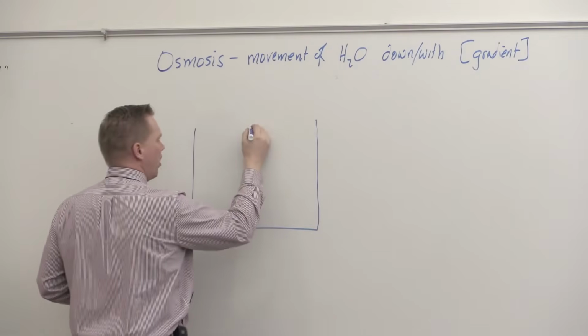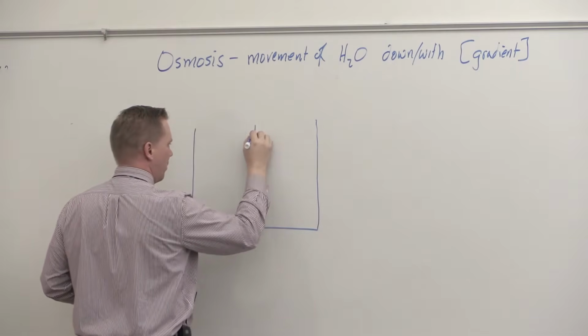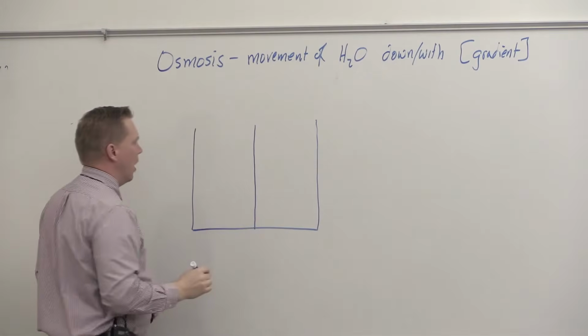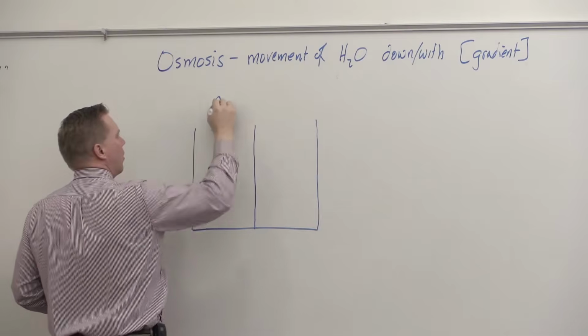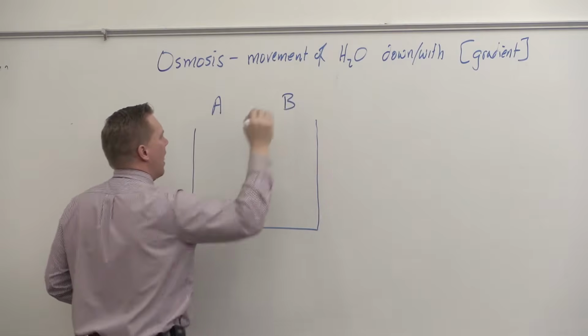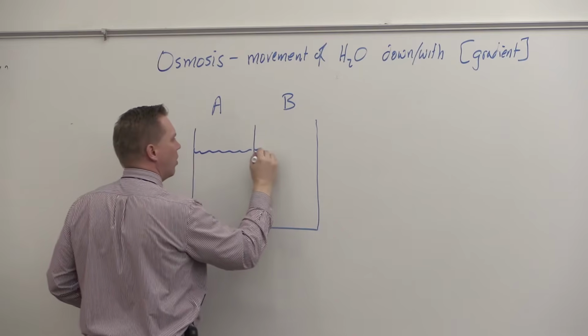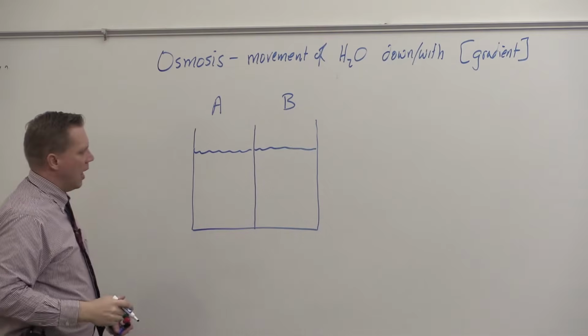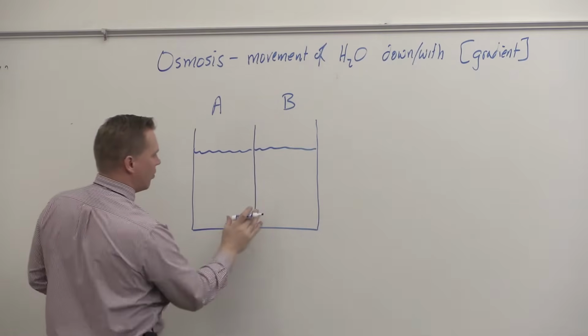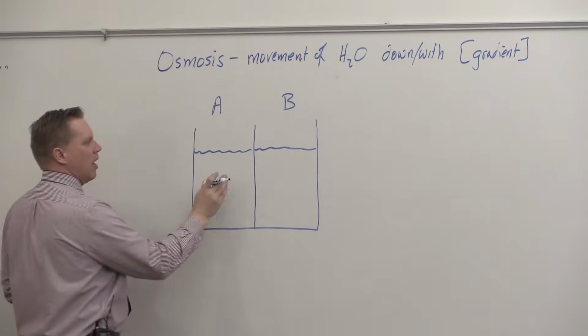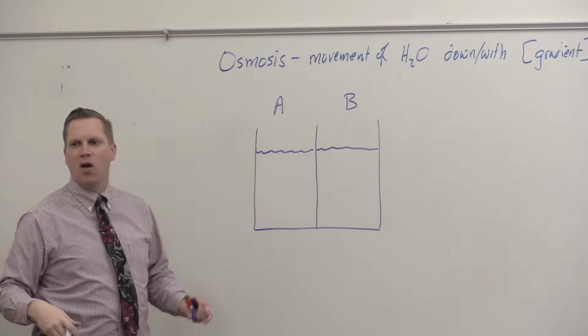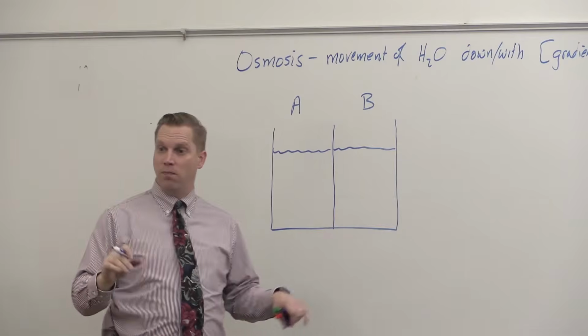And so we're going to just draw up here on the board a chamber or a tank, and it's going to have two chambers, A and B. And we're going to fill those with water. I know I probably haven't drawn this up perfectly, but we're going to assume that both of these chambers are exactly the same volume.